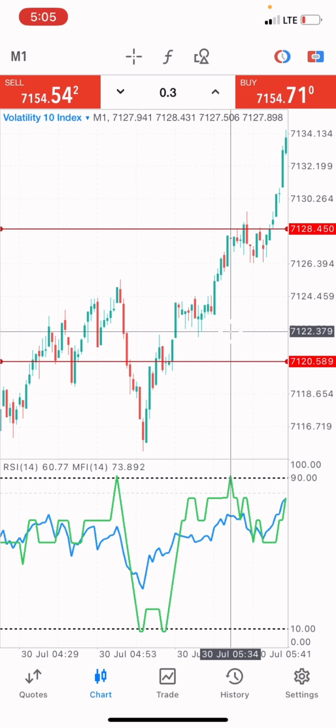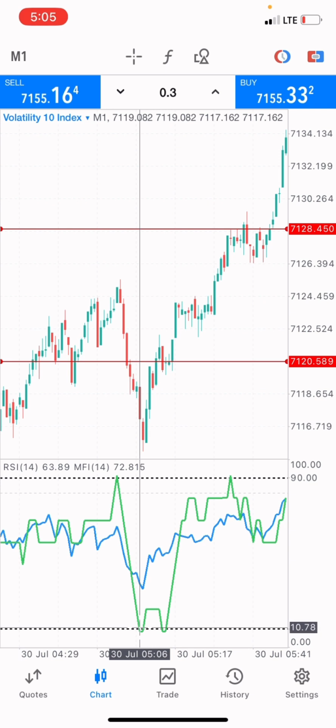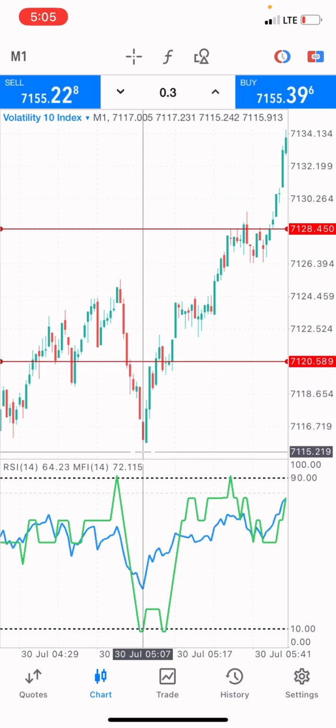Now I'm going to brief it. You enter the market during a downtrend when the MFI crosses level 10 below the support level, below this line. That's when you enter the market.